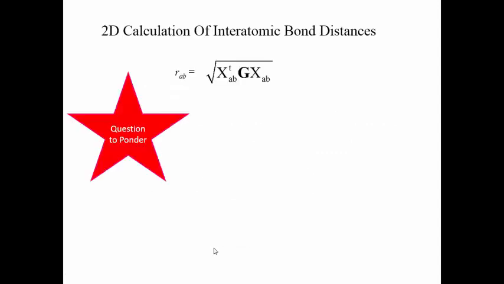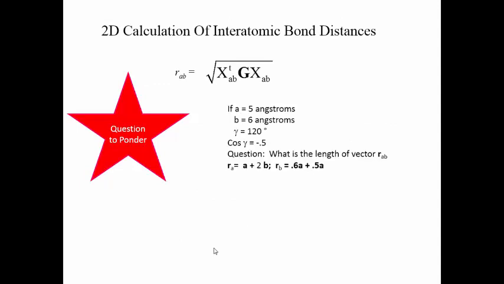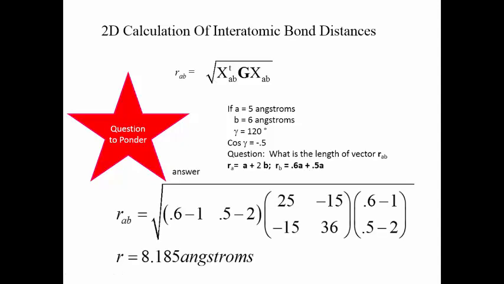Let's do an example. We'll take our G matrix from before, and now we have two atoms, A and B, at positions A plus 2B and 6/10 A plus 5/10 B. We're going from A to B, so we want B minus A, so it's 6/10 minus 1, 5/10 minus 2.